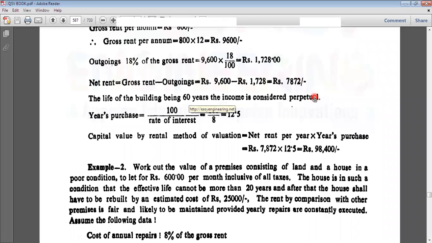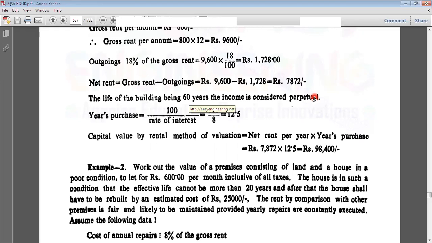What is the formula for perpetual income? The formula we already discussed in our previous lecture: years purchase equals 100 by i, where i is the rate of interest, which we have taken as 8%. So 100 by 8 is 12.5.